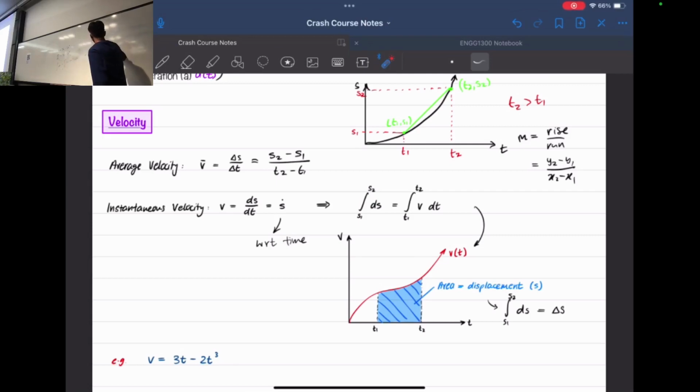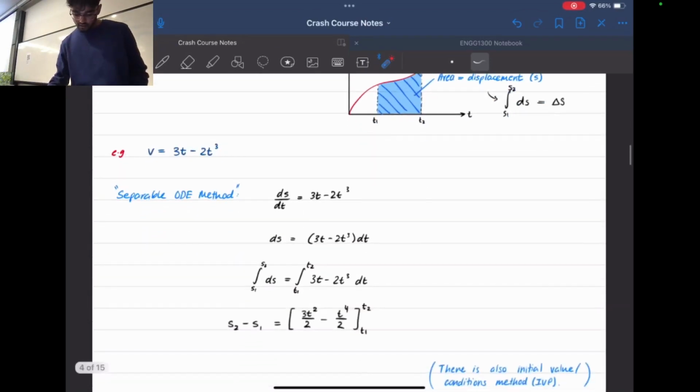We get 3 over 2 t squared minus 1 over 2 t to the power 4 between t1 and t2. Right? So this is called the separable ODE method, which I've pretty much got over here.